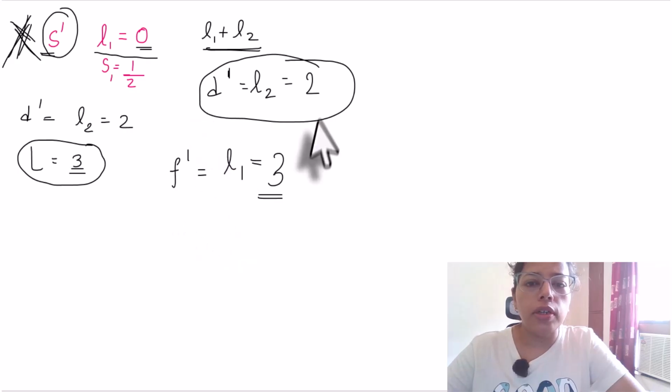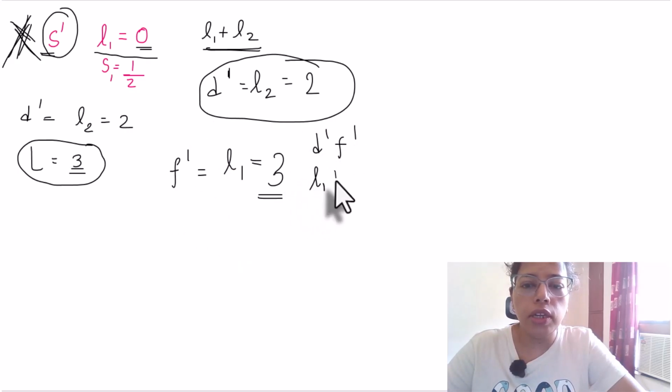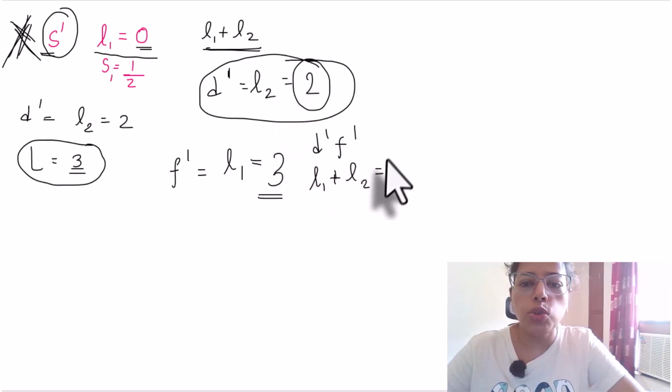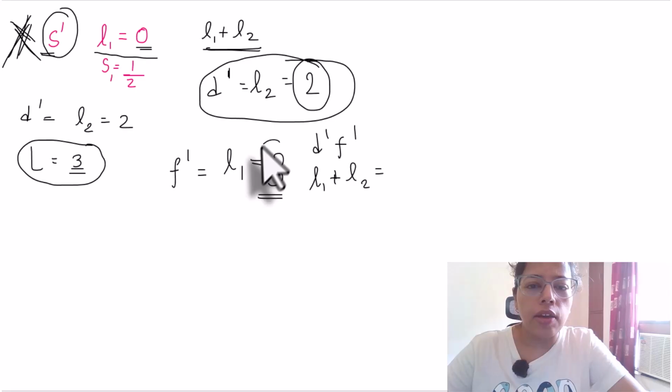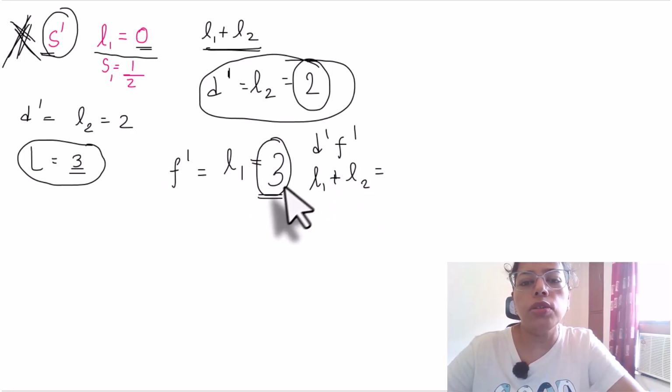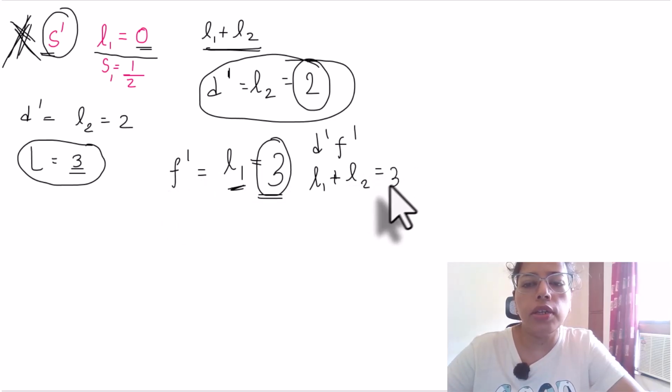Again, for the D1 F1 configuration, the L1 plus L2 value: D1 corresponds to 2, and the L value for F1 corresponds to 3. So if we designate L1 corresponding to F1 equal to 3, then L1 of 3 plus L2 for D1 of 2 is equal to 5.